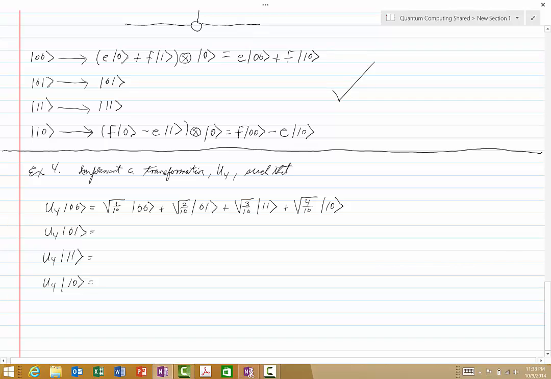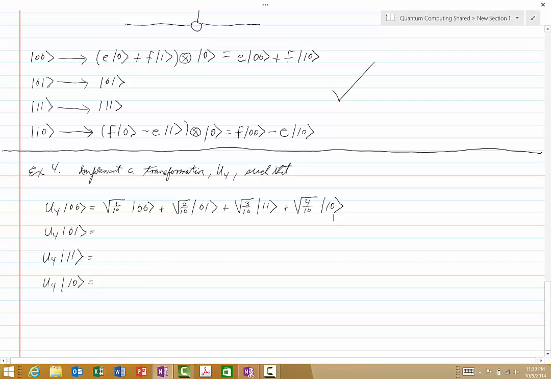So we want a transformation that will take the 0, 0 state to the square root of 1/10 times the 0, 0 state, plus the square root of 2/10 times the 0, 1 state, plus the square root of 3/10 times the 1, 1 state, plus the square root of 4/10 times the 1, 0 state.